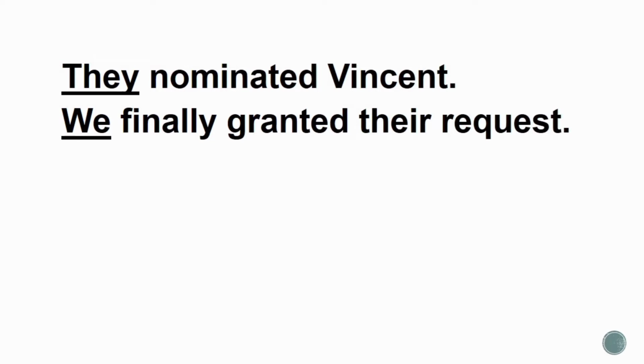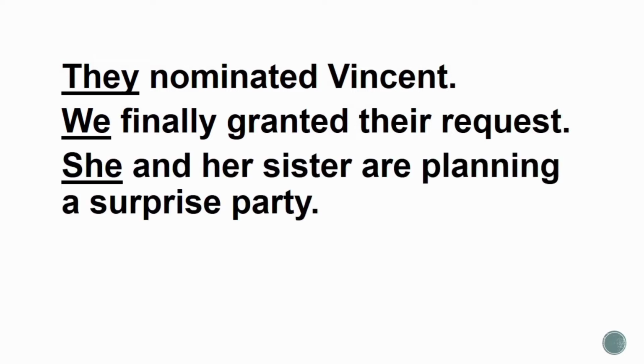Another example is we finally granted their request. So again, our subject we is in the nominative case because it is acting as subject of the verb granted. And the last example, she and her sister are planning a surprise party.